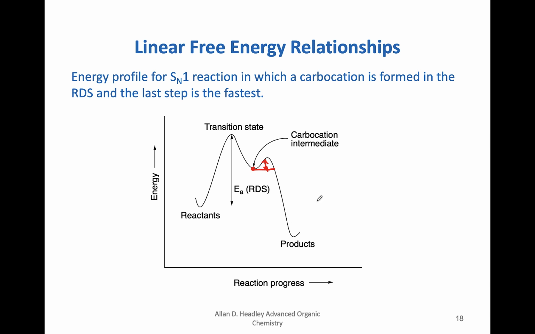Two steps for the SN1. It's called SN1 because it's unimolecular, just one molecule here. By the way, this should be reactant because it's just one molecule that's going from reactant to carbocation. Again, I'll get that fixed for the PowerPoints that I'll post.